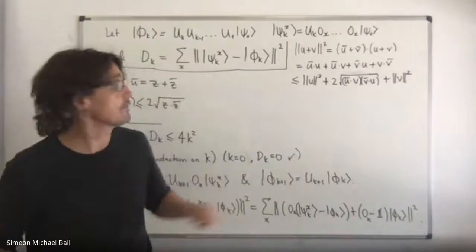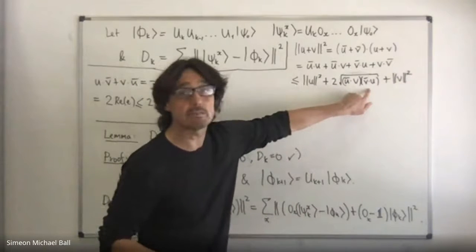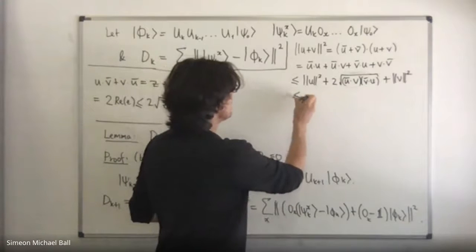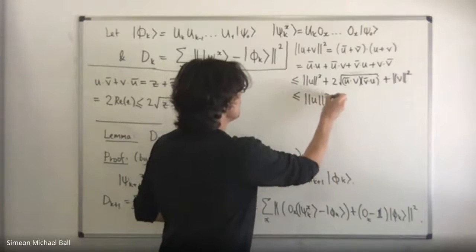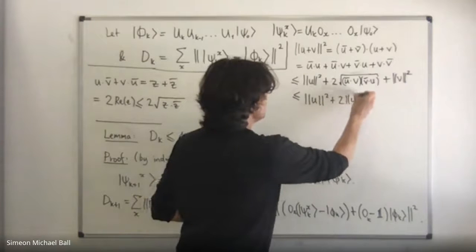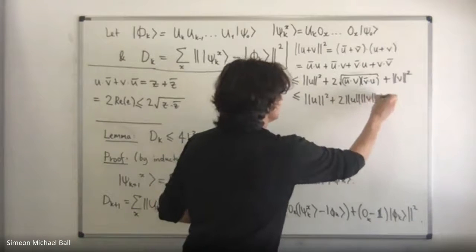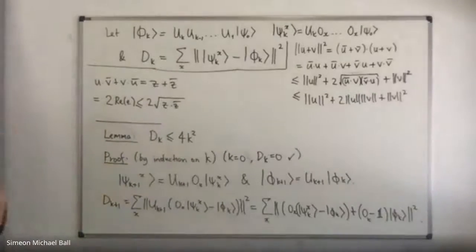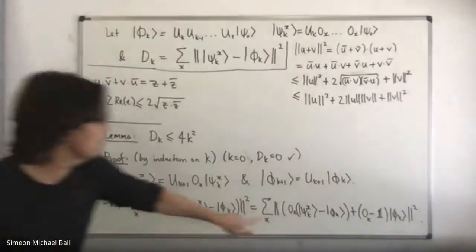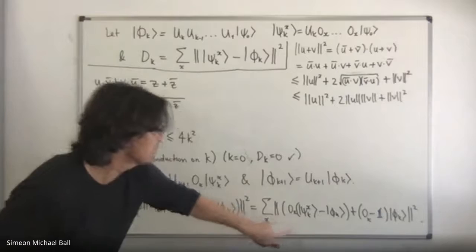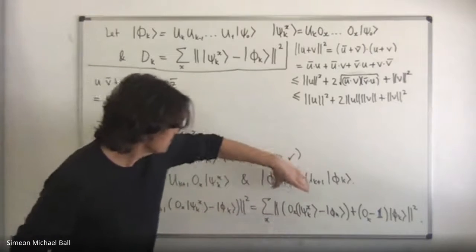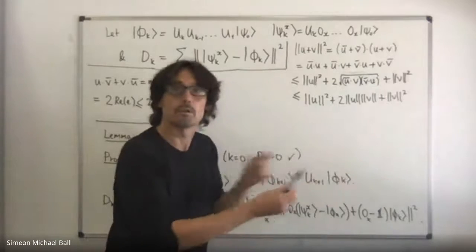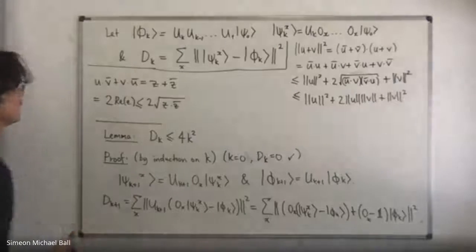And now, when we see this, we instantly think of Cauchy-Schwarz. So this is then less than or equal to u squared plus 2uv plus v squared. There's very little calculation there, and now we can apply that to this. Basically, this is equal to the norm of this squared plus this squared plus twice the norm of the things together.